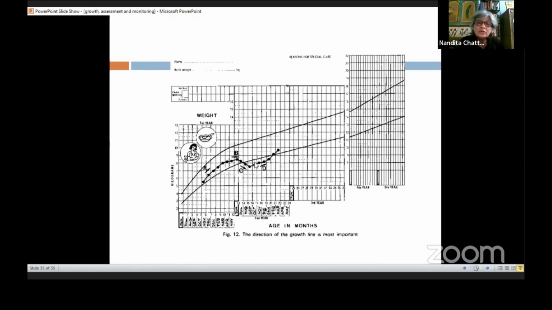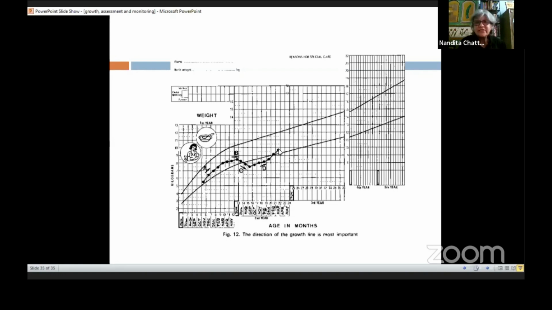And with all that implementation, the child again started improving. The curve was going up till after D. So this is an increasing curve. The child is again back to normal. So this single slide explains the importance of the growth monitoring.